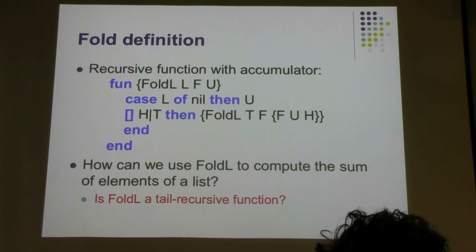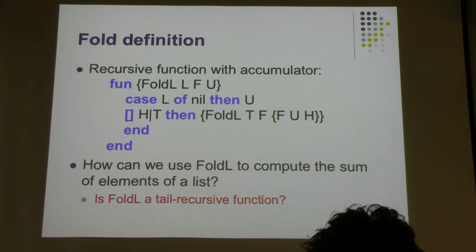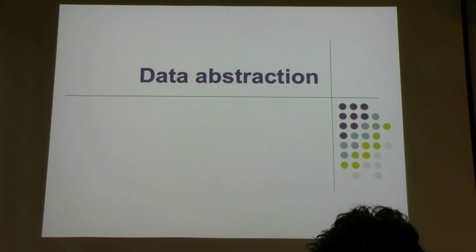Maybe these are data items in big data analytics, and you're doing some kind of statistics on them. Well, the fold operation F may be computing the mean and the variance, for example. So the fold operation is really very fundamental. We will see it more in this course.